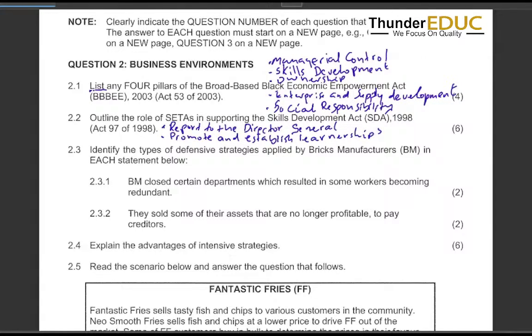Promote and establish learnerships. Because it is 6 marks, we are expected to have 3 points. Also, it says collect levies, and pay out grants as required.